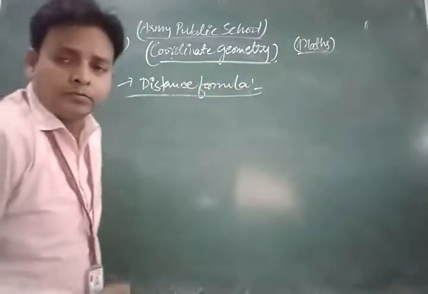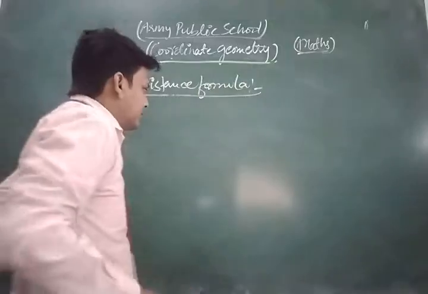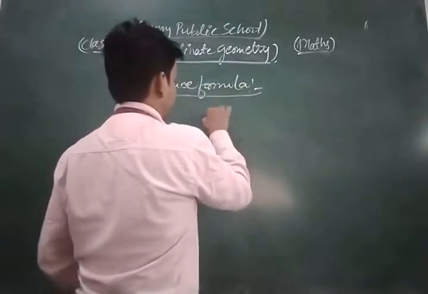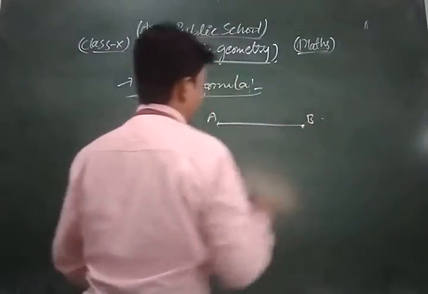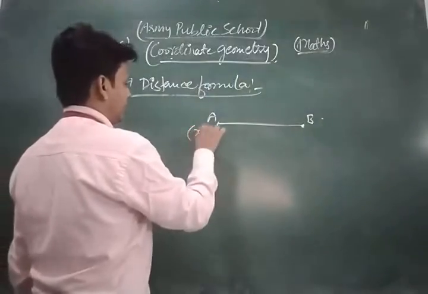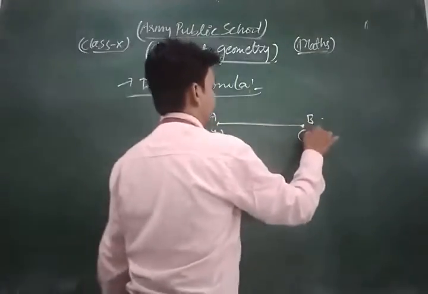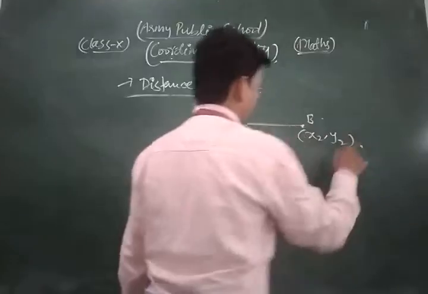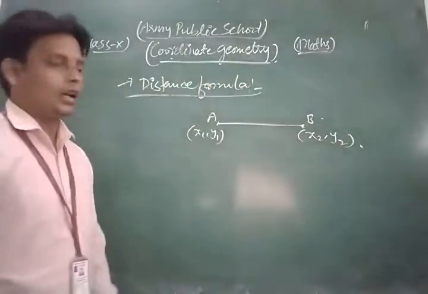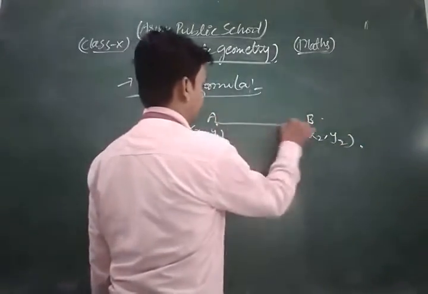Distance formula. Suppose that we have 2 points, let us take A and B, whose coordinates are x1, y1 and x2, y2 respectively, and AB is the distance between them.